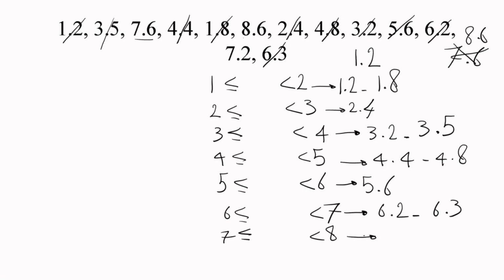Between 7 and 8, I have 7.2 and 7.6. And finally, between 8 and 9, what do I have? I have 8.6. Let me check if I missed anything or not. No, I mentioned all of them.